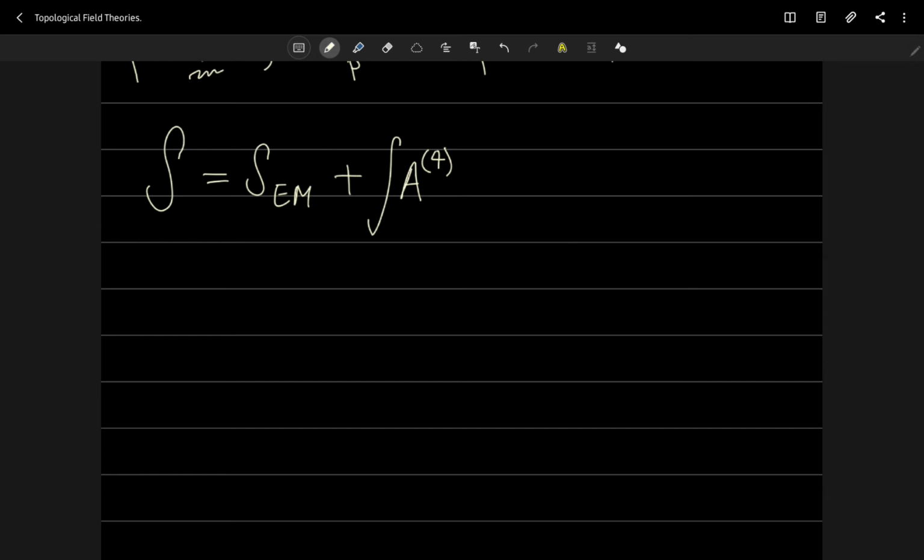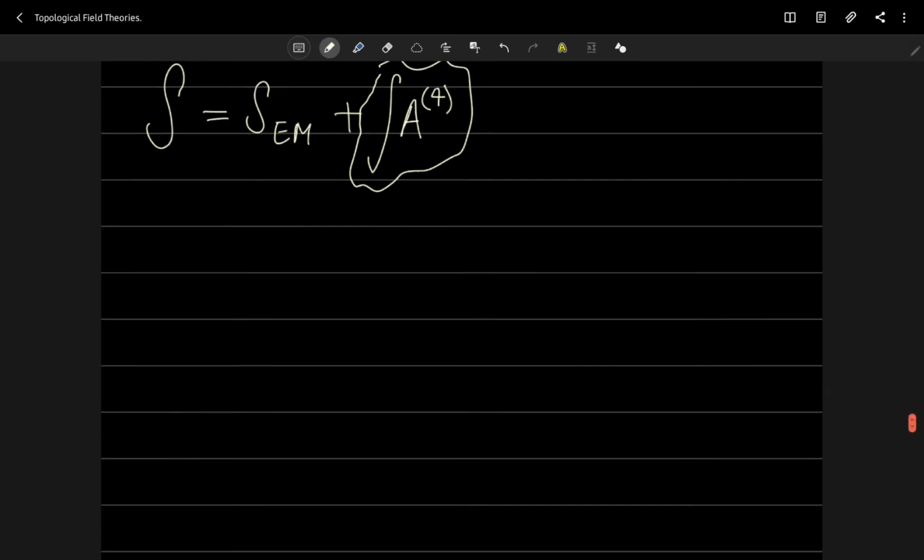Now, well, what might this thing over here look like? That is the question. Well, we would actually like to build it in terms of A mu and this thing for gradient, right?